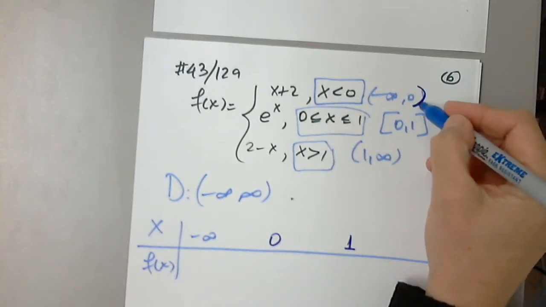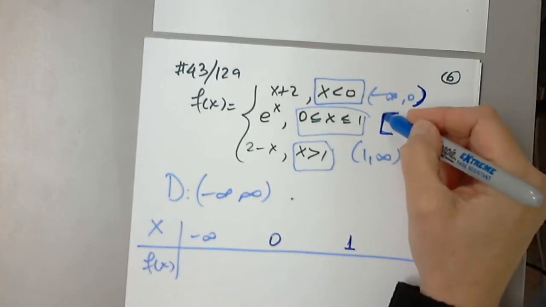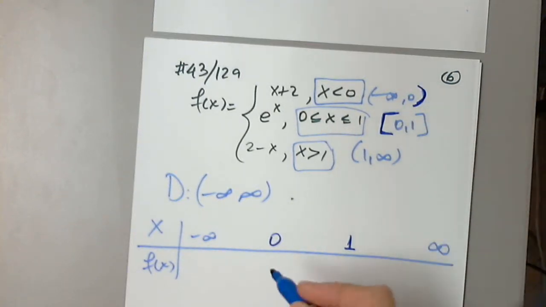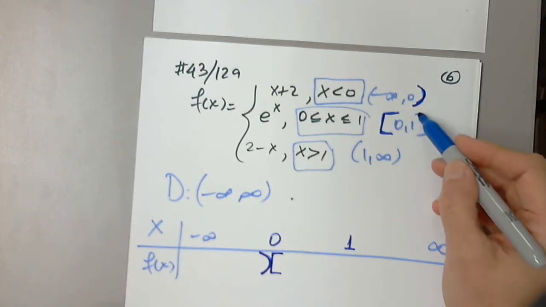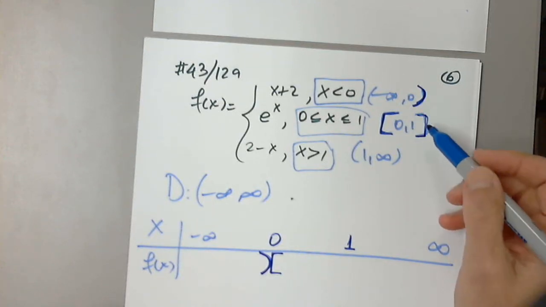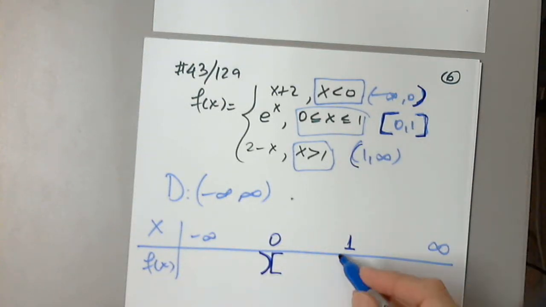I will copy the symbols given by the interval notation. Under 0, a left parenthesis and a right bracket, and they're touching. Under 1, I will copy the same thing: 1 to the left with a bracket and 0 with a parenthesis to the right. I didn't do anything. I just copied from the interval notation.